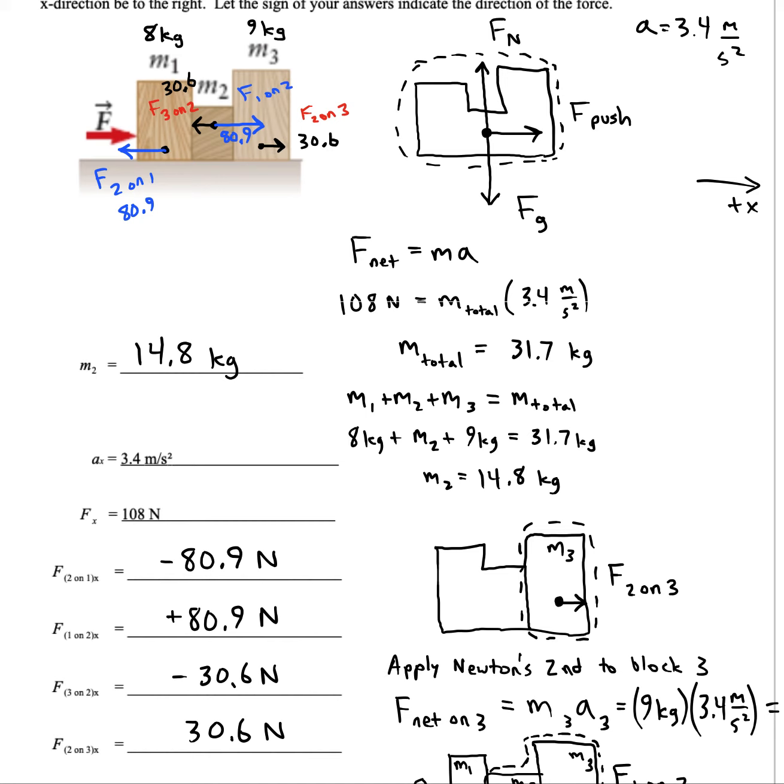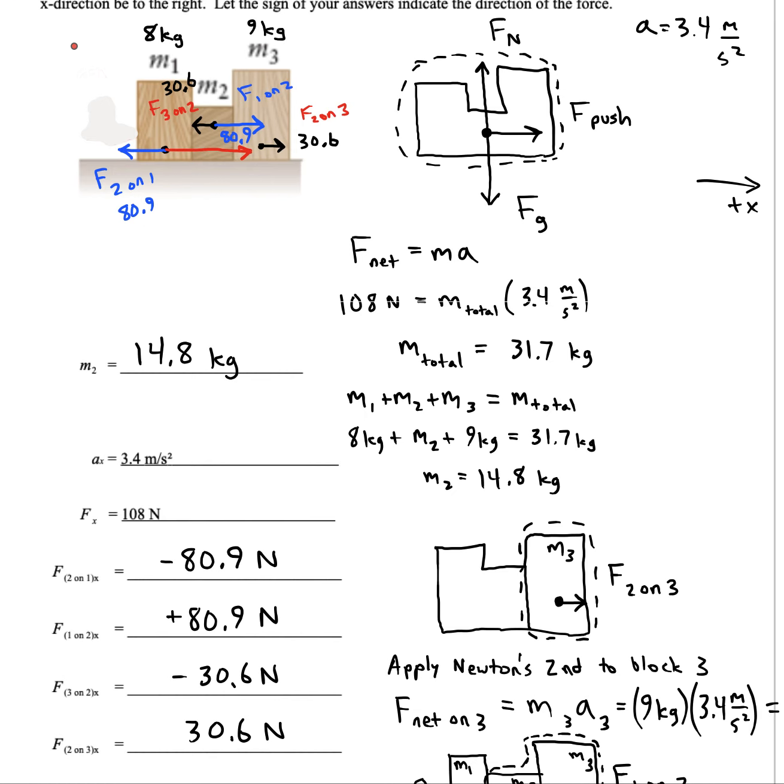And then there's just one more part of this to explain, I guess. And that is we can move this force that's being applied to a new location. But what's a good location for it? We want that applied force to be acting on block 1, because that's the thing the person or whoever's doing the pushing is in contact with.